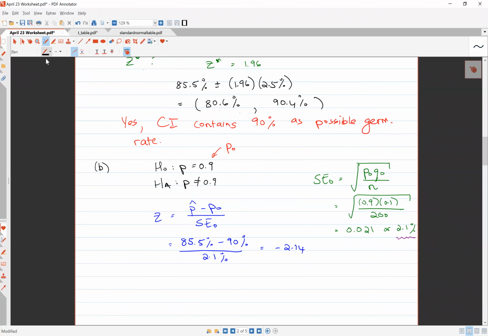So how do we translate this into a p-value? Visualize your bell curve, Z-test, so it's a normal curve, centered at 0.